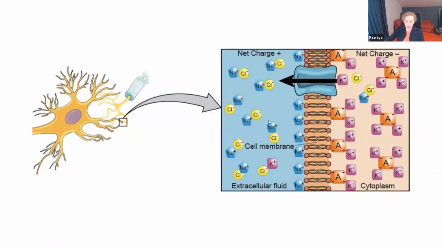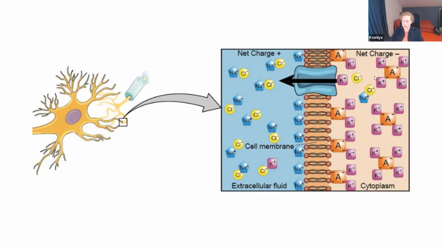these blue pentagons, sodium, are more highly concentrated outside the cell in the extracellular fluid shown in blue, whereas potassium, the purple squares, is more highly concentrated near the membrane in the cytoplasm, or intracellular fluid.